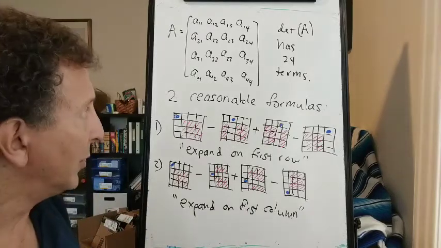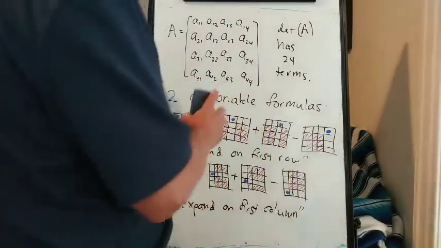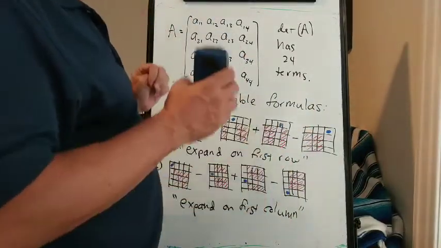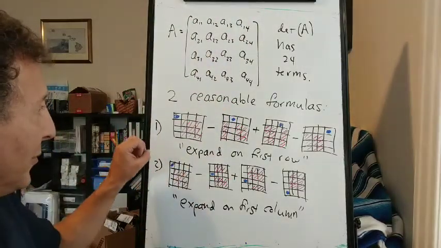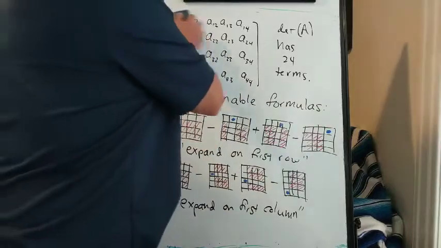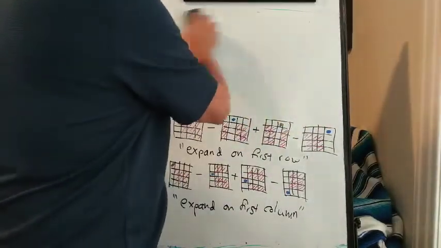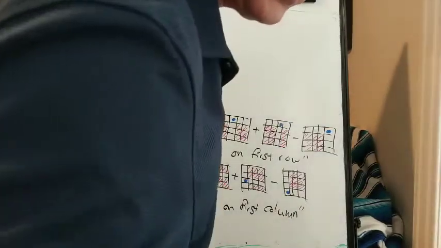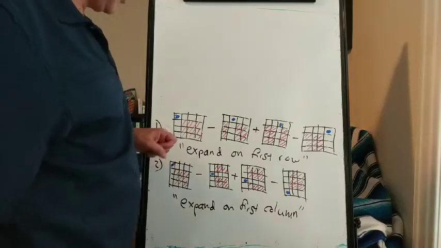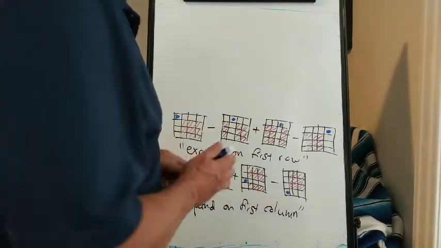So let's do one example of this. Well, actually first, let me do some notation. So this is the 4 by 4 case. How would I explain this in the n by n case? I have to somehow capture the pluses and minuses and the correct determinants.